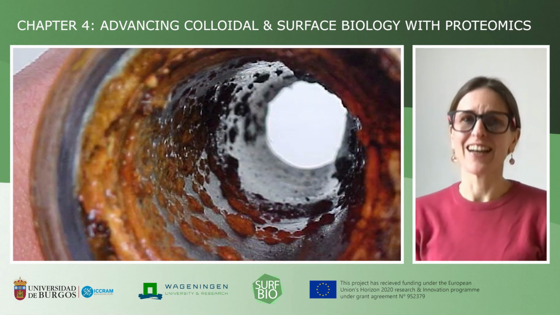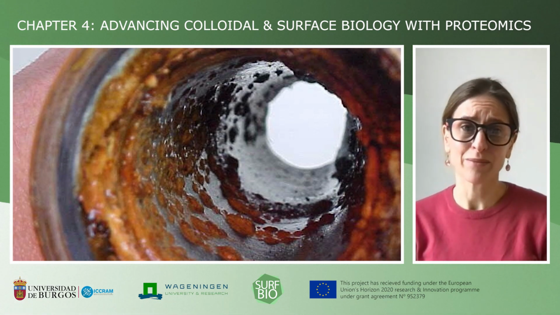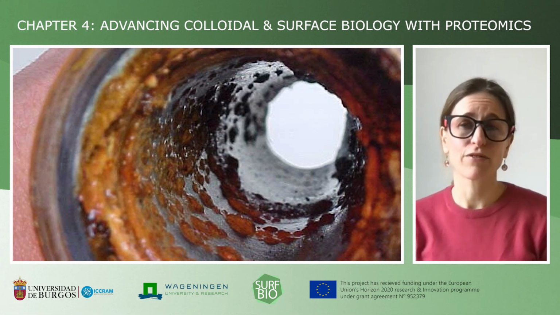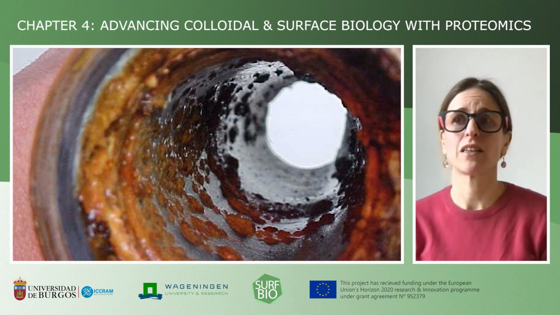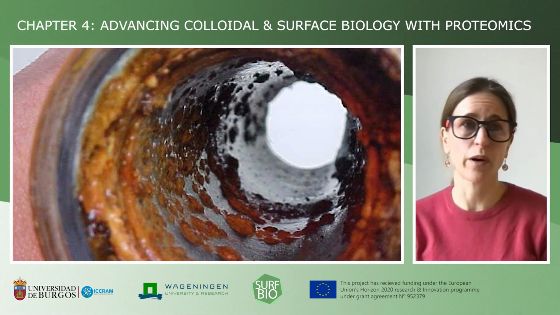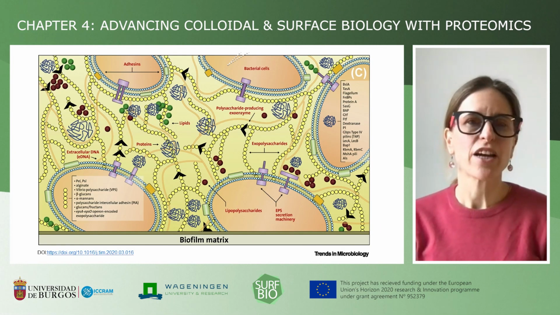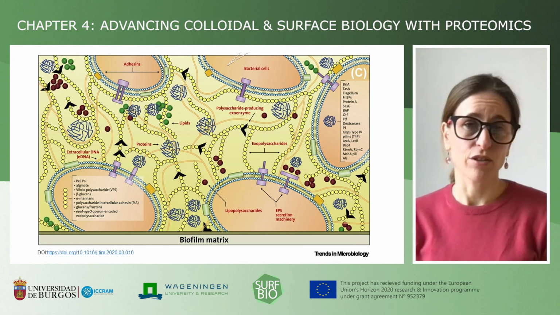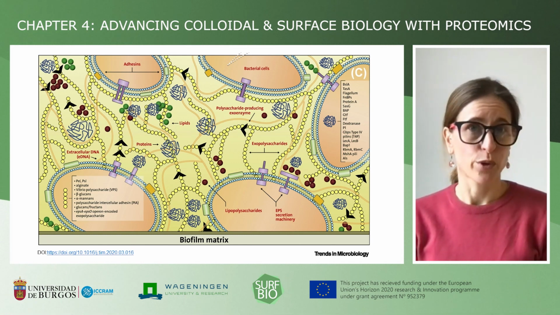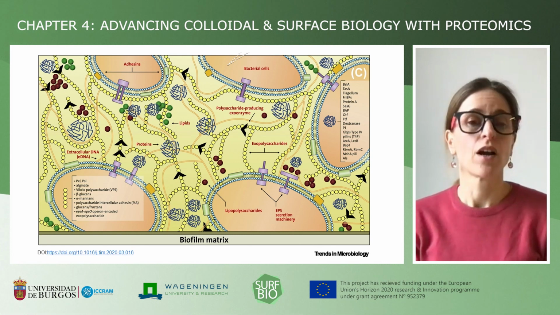How do you feel about drinking water coming out from this pipe? This pipe is covered in a biofilm of microorganisms that interact among themselves and the surface material of the pipe. How does this happen? Major effectors of these interactions are proteins. To study the plethora of proteins involved, we resort to proteomics.